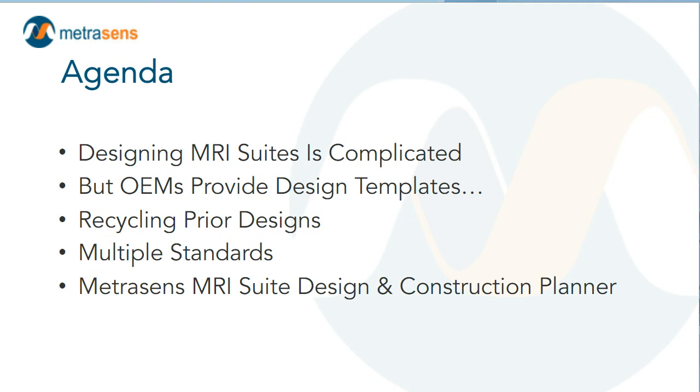And then at the end, we're going to describe a new set of resources, the Metrasens MRI Suite Design and Construction Planner, and talk about some of the corollary resources that are available along with that.